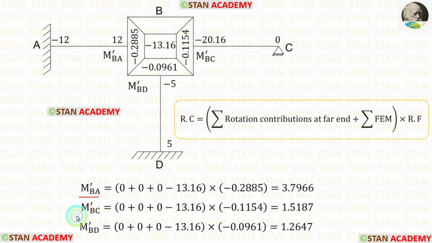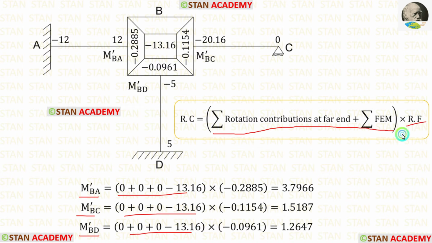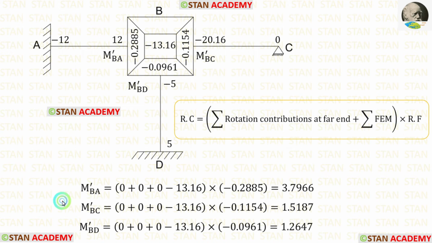So, for M-BA, M-BC and M-BD, the summation of rotation contributions at a far end plus summation of fixed end moments will be same. Only the rotation factor will be different. The rotation factor for M-BA is minus 0.2885. The rotation factor for M-BC is minus 0.1154. The rotation factor for M-BD is minus 0.0961.